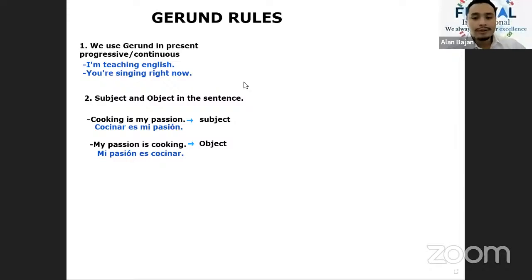That's why we are learning these rules. Es por eso que estamos aprendiendo las reglas, para poder saber la diferencia entre gerund and infinitive. So pay attention to the rules. Okay, in the chat, let's write one example with subject and one with object.